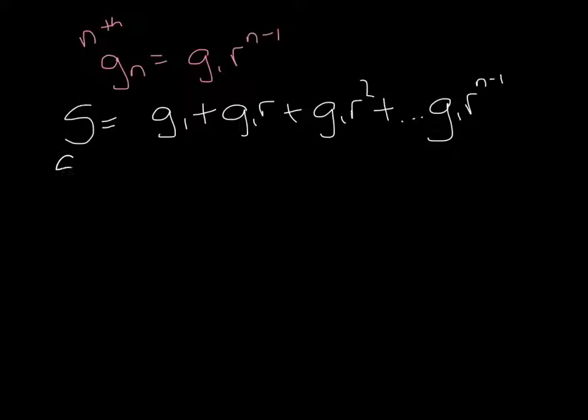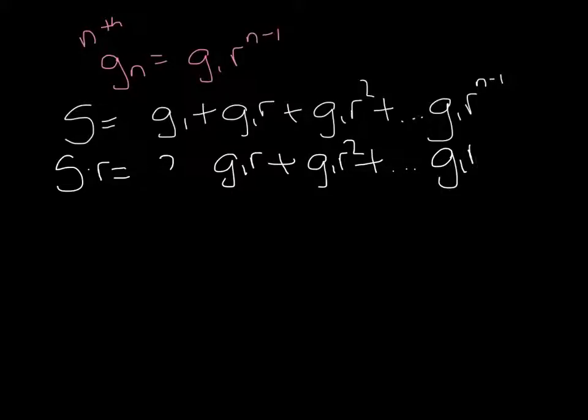What we end up with is s times r equals g1r plus g1r squared, summing all the way down until g1r to the n.